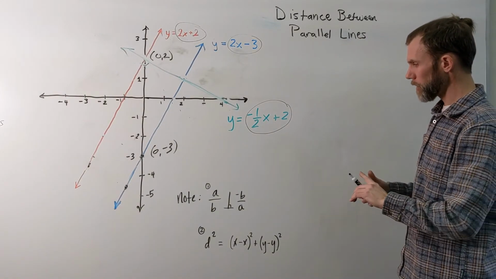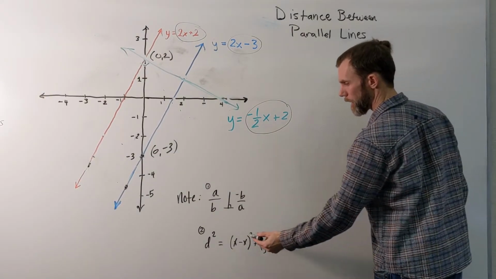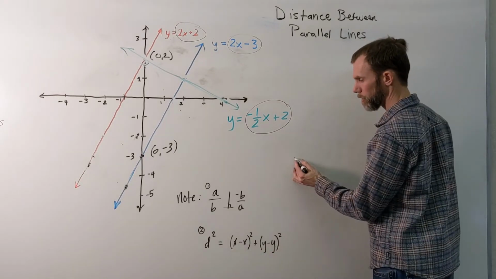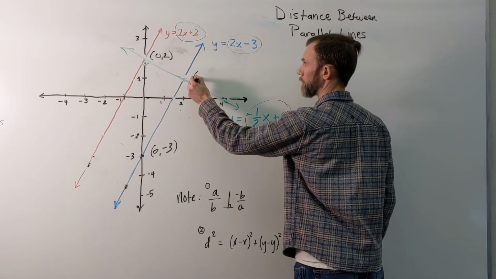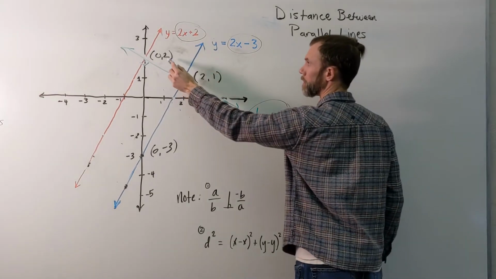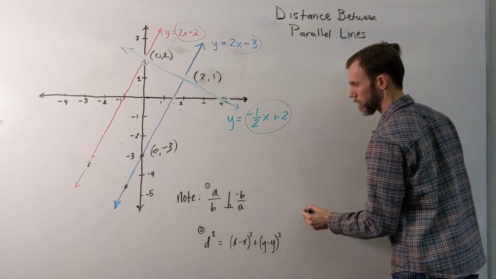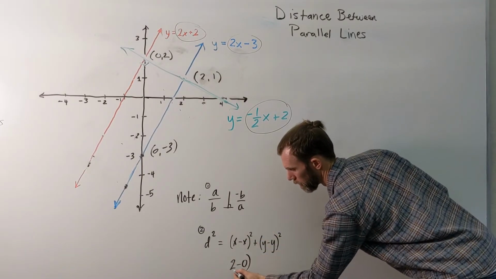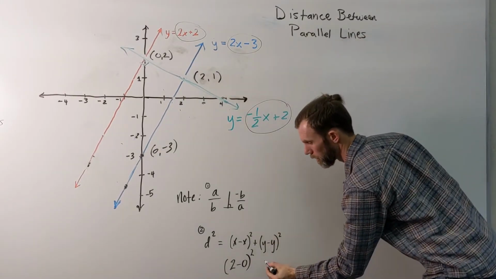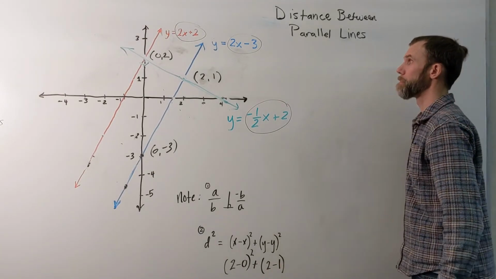Another issue I see is in the distance formula, people not subtracting in the same direction. So if I have, let me see, I think this ended up being (2, 1), right? Some people go 0 take away 2 or 2 take away 0, let's say if we did 2 take away 0 here. Then they go 2 take away 1 for the y's.